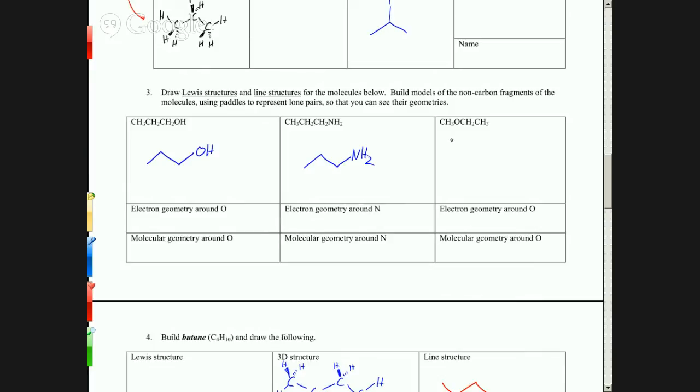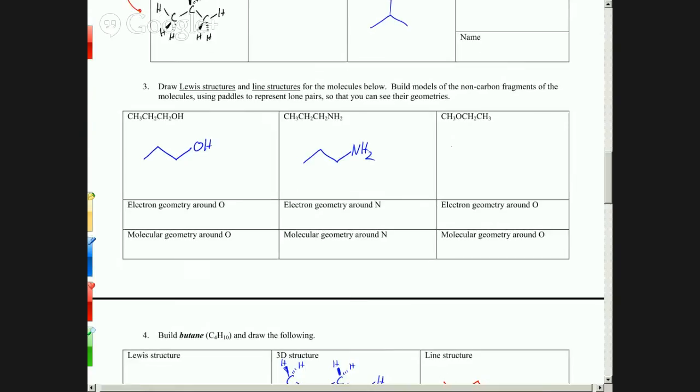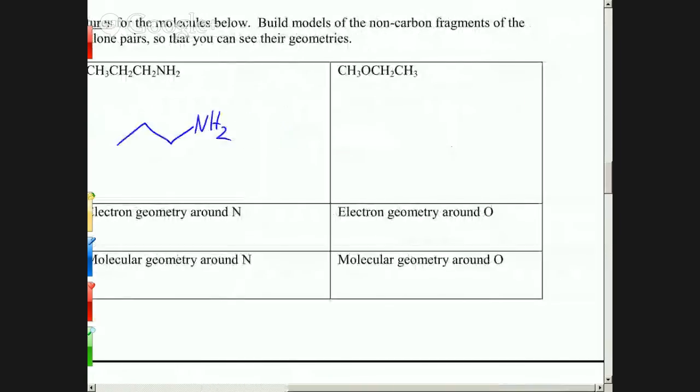So in a Lewis structure, let me zoom in so I have more space to write here. We'd have the CH3 over here, and then the O, and then the C with the 2 H's, and then the C with the 3 H's.